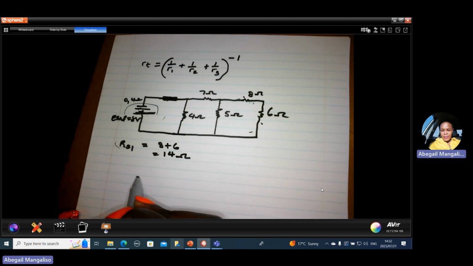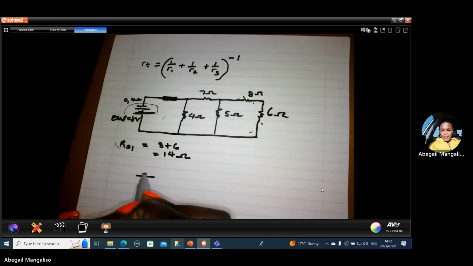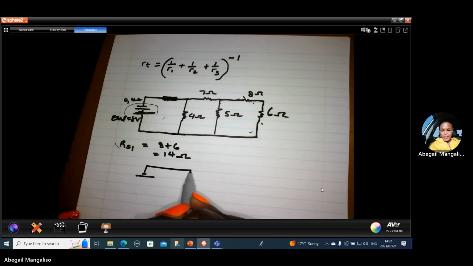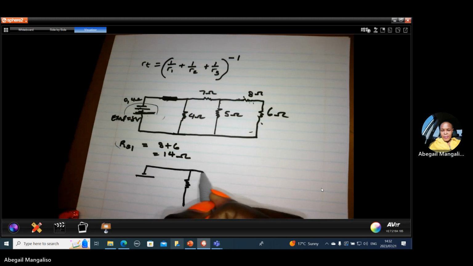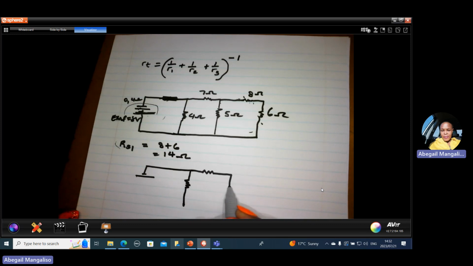The battery, this 4 is still there, the 7 is still there, 5 is still there. But these two are now one resistor.